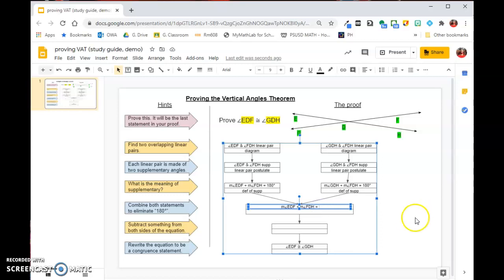Do it. There you go. Because of the transitive property. If A equals B and B equals C, then A equals C. Spell it out. We love that transitive property.